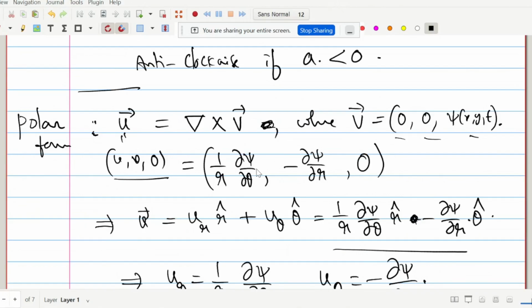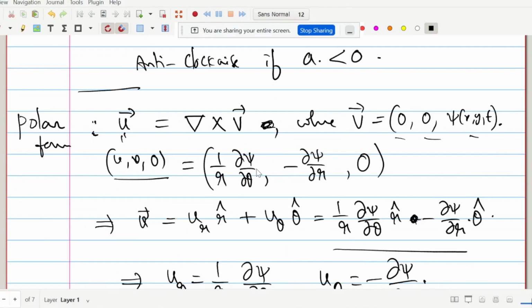Under certain conditions, you can do it. Depending on the problem, if you impose boundary conditions, maybe you can guarantee the uniqueness of such a V bar. So you need extra conditions for each problem. So V is not unique in 3 dimensions, but in 2 dimensions, psi is unique up to a constant.